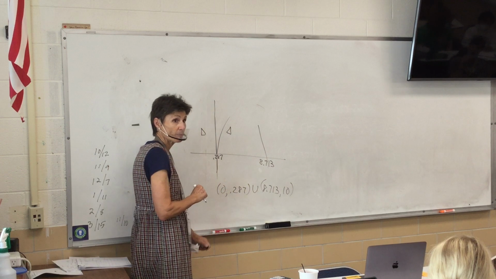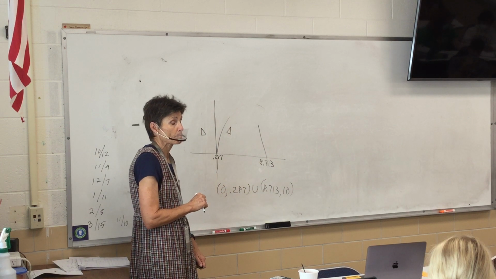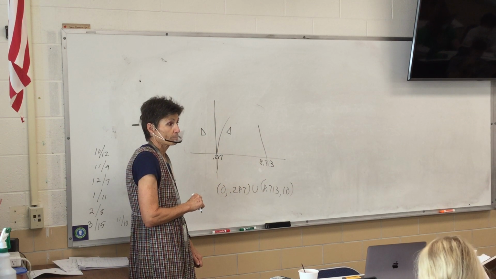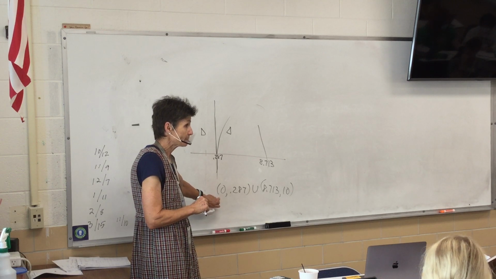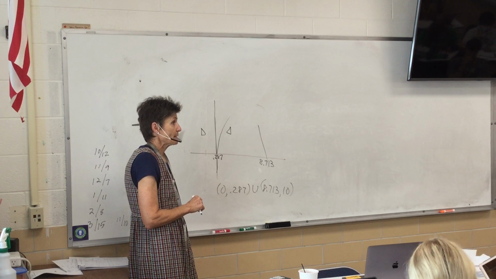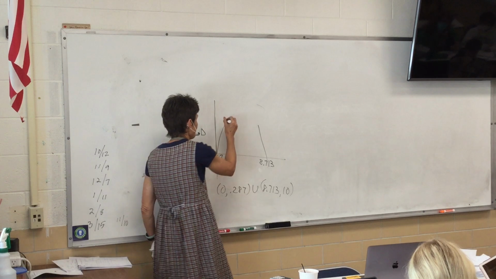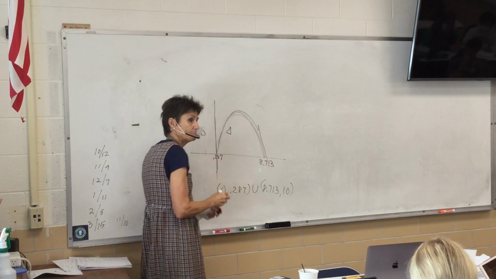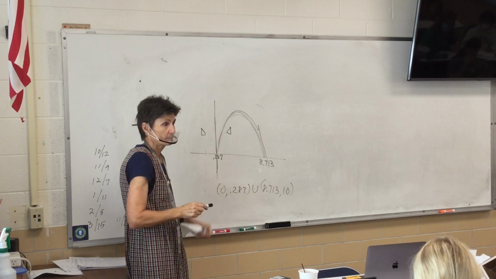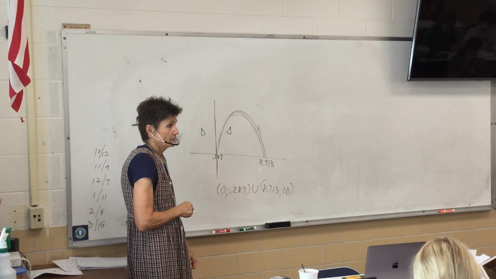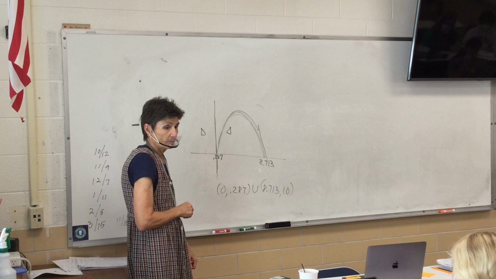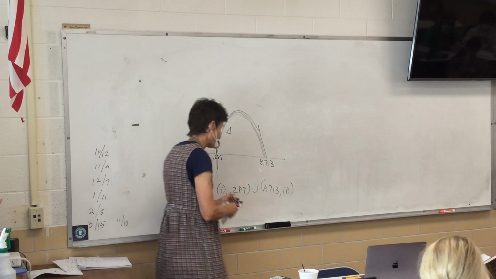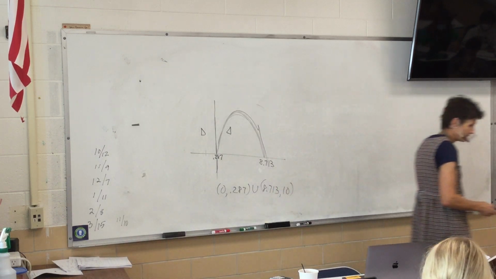Remember we said 10 was going to be our upper boundary? That's where it's less than 150. Now, where is it greater than 150? Well, that would be in between. That would be right here, right?